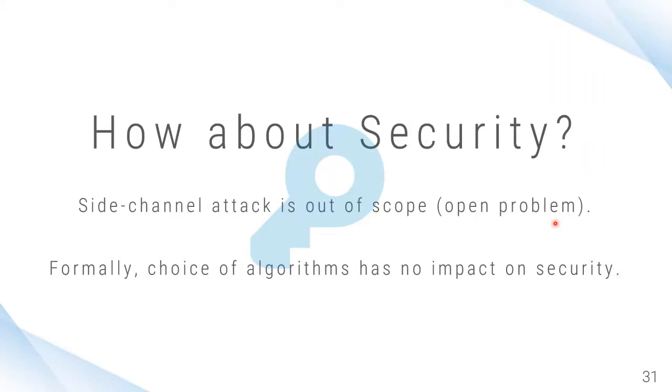But if we assume that the adversary can access only the public key and the signatures, the security is the same. Because the formats of keys and signatures are the same, and the adversary cannot distinguish which algorithm was used to generate keys or signatures. So formally, the choice of algorithms has no impact on security.